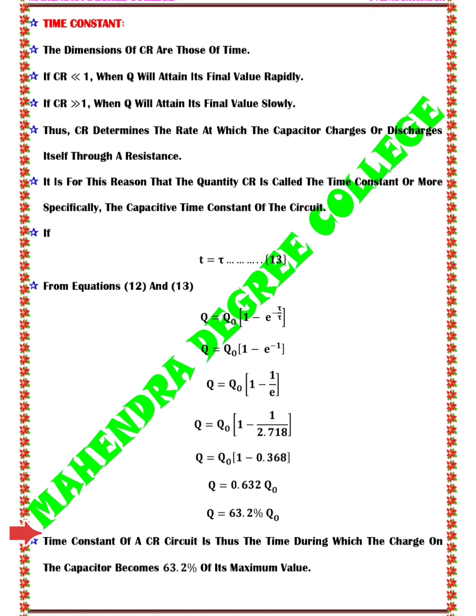Time constant of a CR circuit is thus the time during which the charge on the capacitor becomes 63.2% of its maximum value.